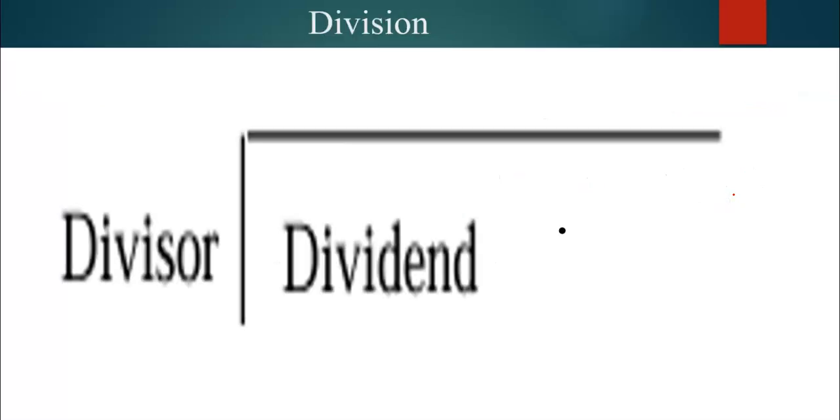Let's look at the positions of these parts in our long division. So in this case, the divisor will be outside here, our dividend will be inside here, then our quotient will be found over here.